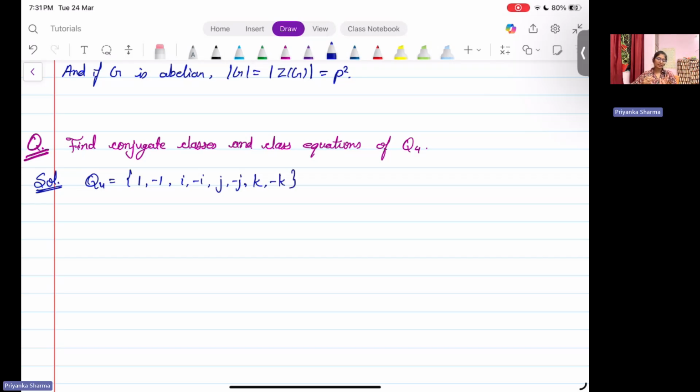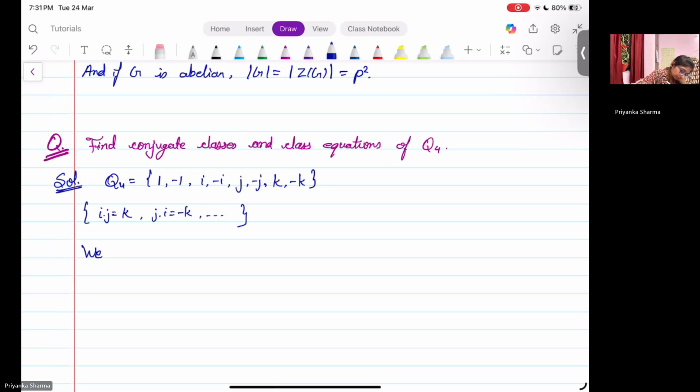If I write the elements, we know that I dot J is K and J dot I is minus K, and so on. We are also aware about the orders here.